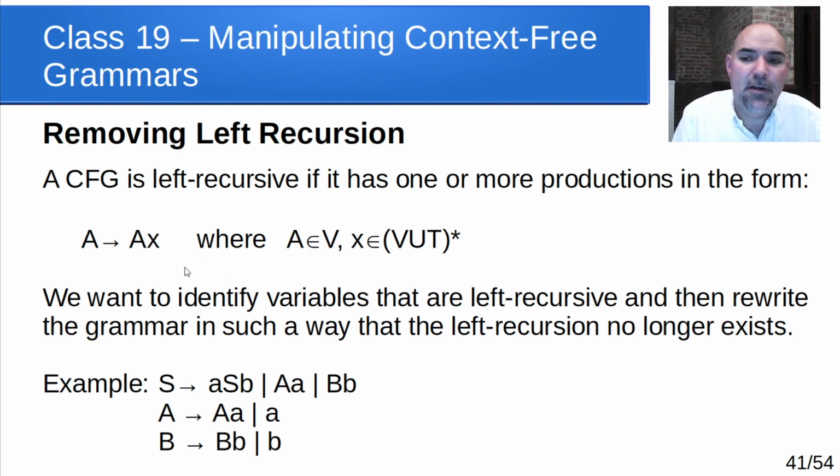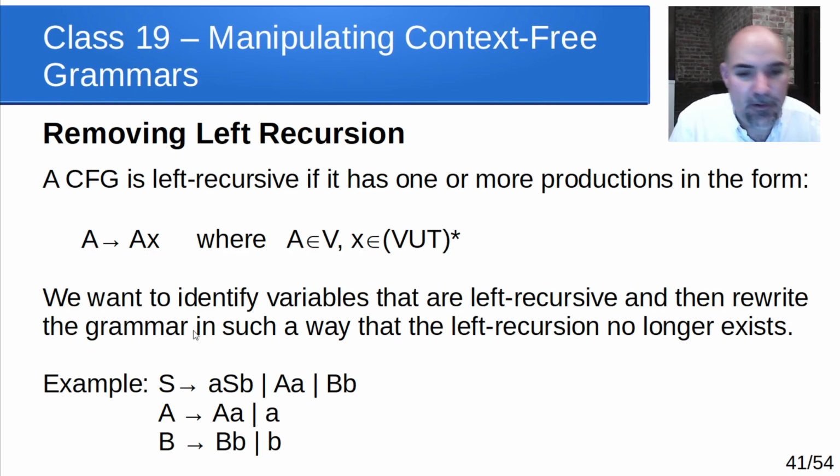Any context-free grammar that has something that looks like that with any variable is a left recursive context-free grammar. So we want to identify any variables that have that property, where there's a right-hand side that has that variable at the beginning. And then we want to rewrite the grammar in such a way that the left recursion no longer exists.